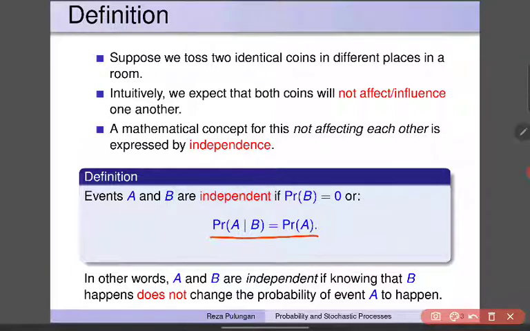So, this definition basically maintains that the probability of A is not influenced by the occurrence of B, because the probability of A, by assuming first that B happens, is just equal to the probability of A. In other words, A and B are independent if knowing that B happens does not change the probability of event A to happen.